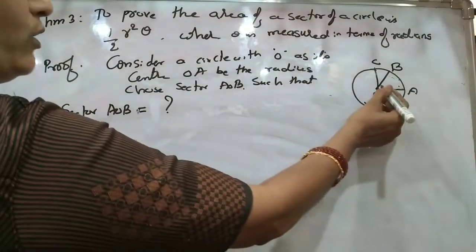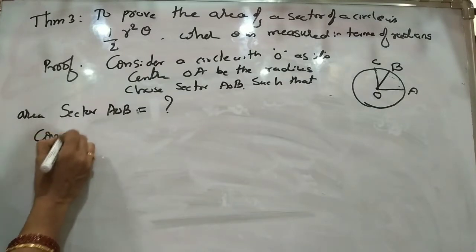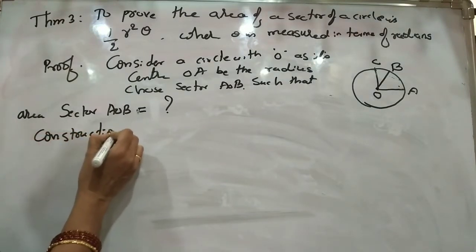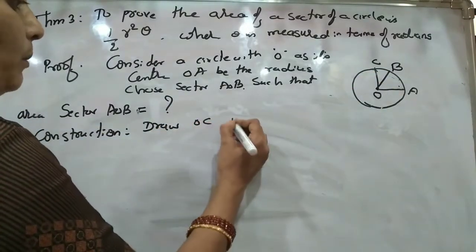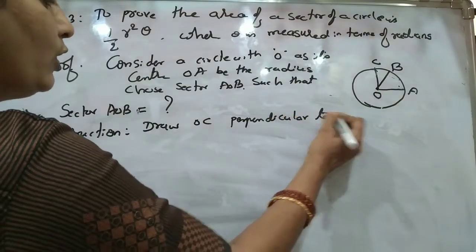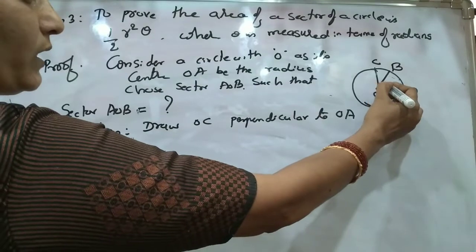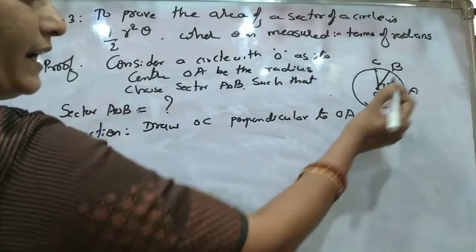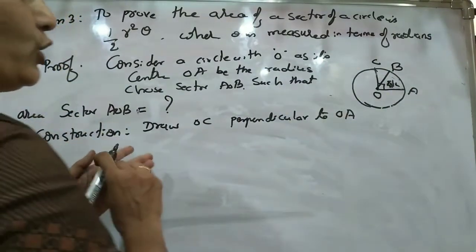In order to find out the area of the sector AOB, I have done a construction. What is the construction I have made? Draw this line OC perpendicular to OA. Suppose OC and OA are perpendicular, what is the angle formed here? This is 90 degrees, or in terms of radian measure, you can call it pi by 2.